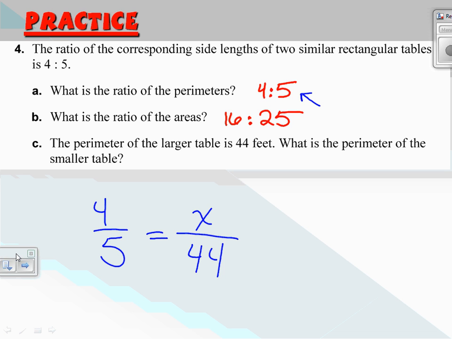So, to save us time, I'm going to solve this for you. I'm going to cross multiply. I get 5x equals... not 88. 4 times 44 is 176. So what is x equal to?